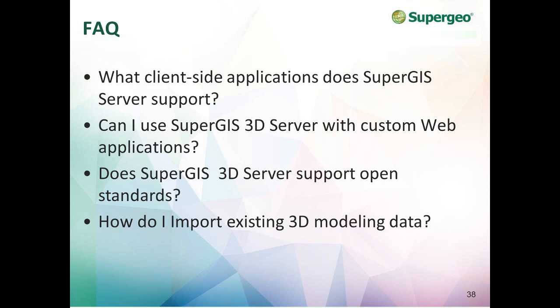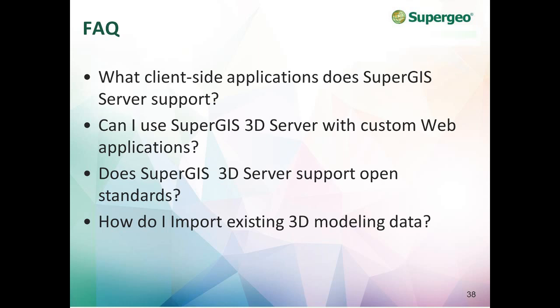The last question is, how do I import existing 3D model data? I think the most efficient way to add your 3D file into SuperGIS is through the Publish and Manager tool in SuperGIS 3D Server. Of course, we allow you to import your DAE, DXF, CAD files and shape files for your 3D plan.